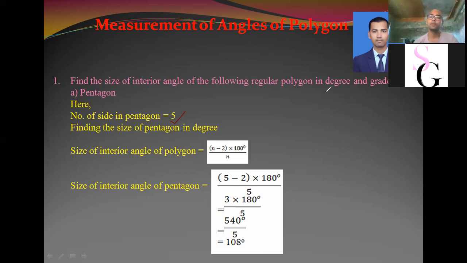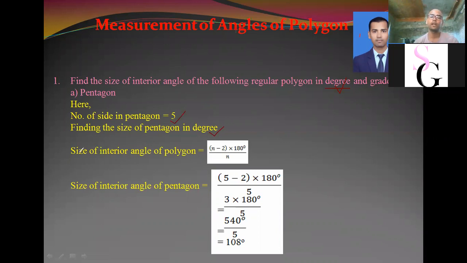Now, according to the question, we first need to find the size of the angle in degree, because the question is asking for the angle in degree first. That's why we find the size of the angle of the pentagon in degree first.